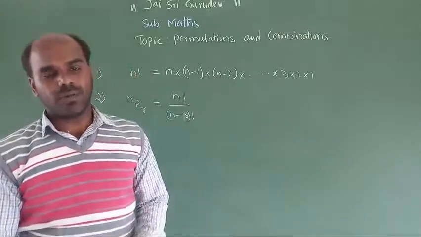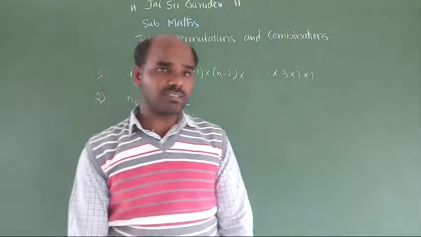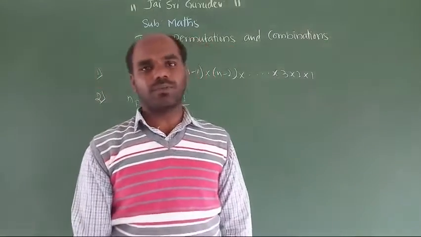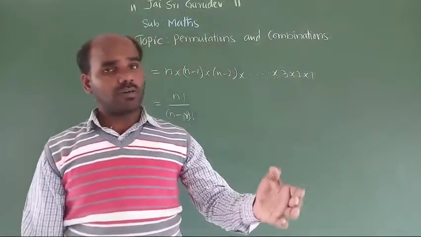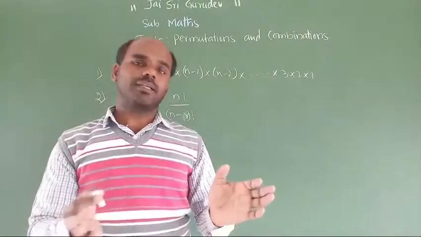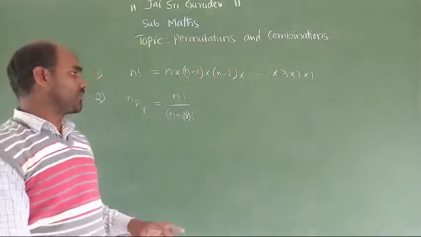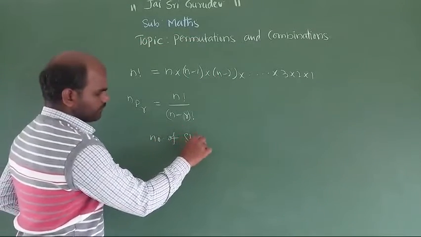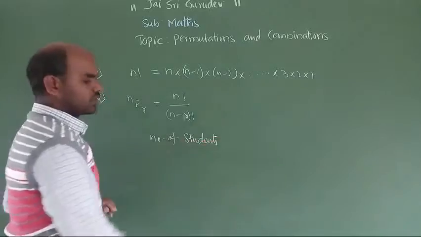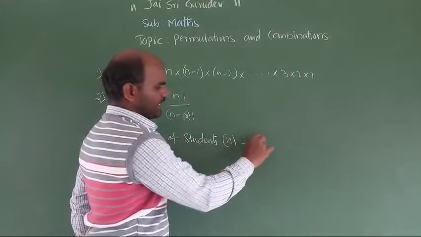So for example, just now in the previous classes we discussed how many ways of selecting students are possible. If there are 10 girls and 8 boys, the total will become 18. So the number of students is n, that is equal to 18.